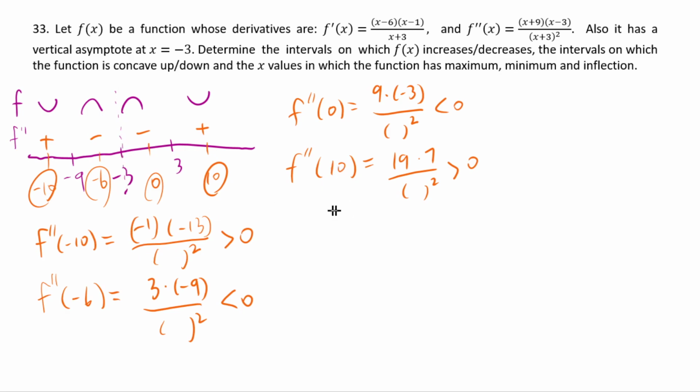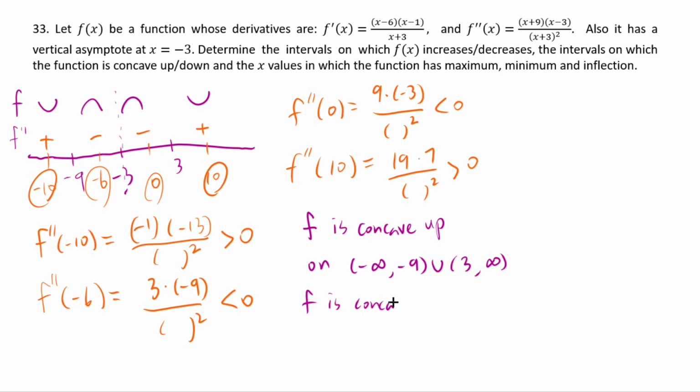Okay, all right, so that allows us to say that f is concave up on, well, it's concave up here and there, so from negative infinity up till negative 9, and also 3 to infinity, just like this. Okay, and then f is concave down on negative 9 to negative 3, and also negative 3 to 3.